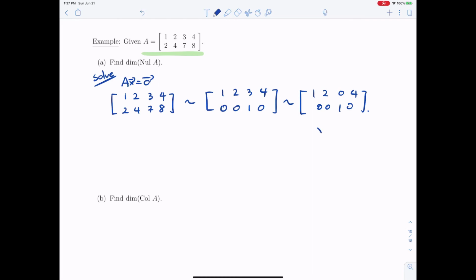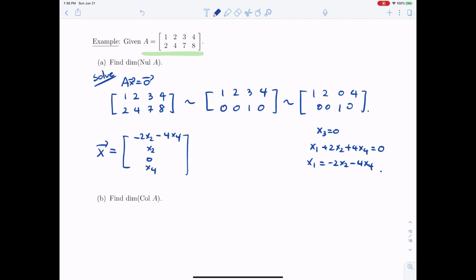And this gives you x3 equals 0, and x1 plus 2x2 plus 4x4 equals 0, or x1 equals negative 2x2 minus 4x4. So x equals negative 2x2 minus 4x4, x2, 0, and x4. Or if you separate these variables, then you get x2 times negative 2, 1, 0, 0, plus x4 times negative 4, 0, 0, and 1.